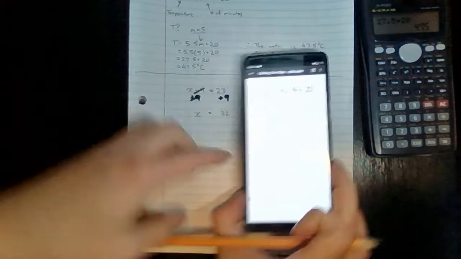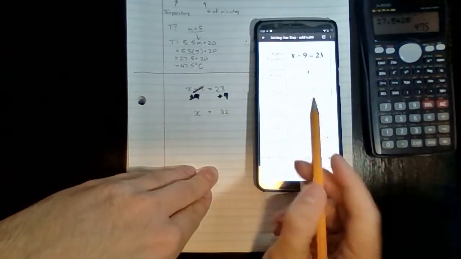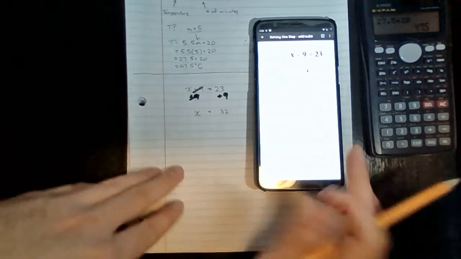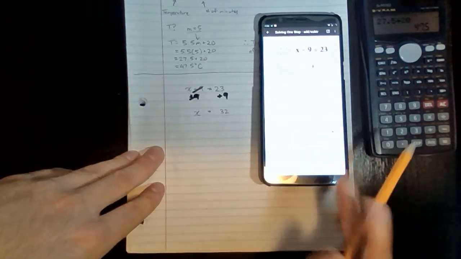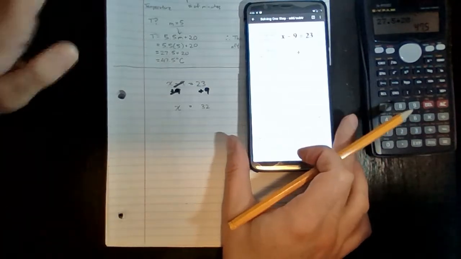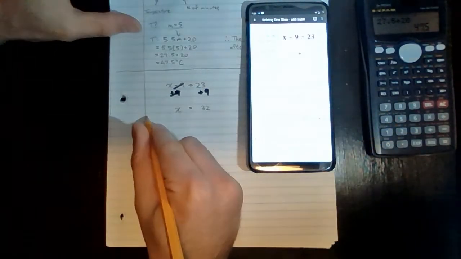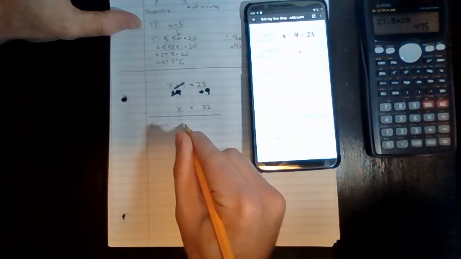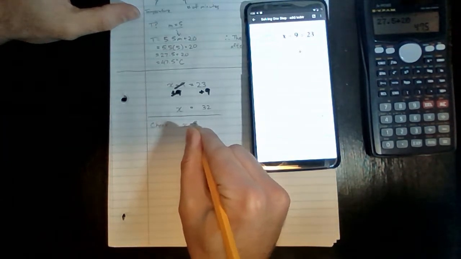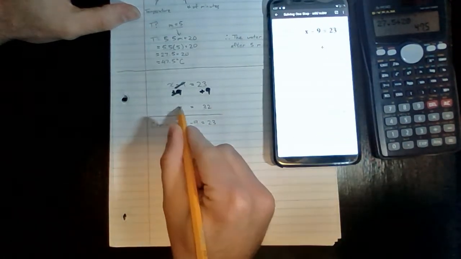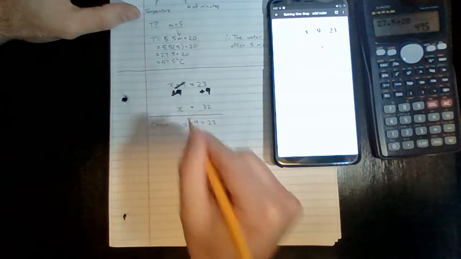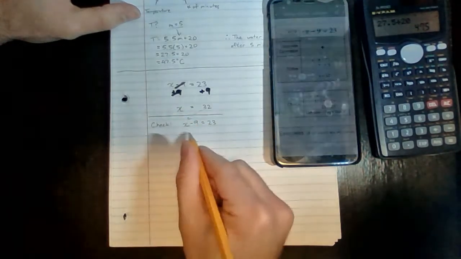That is what this part here is telling us. We're eventually getting to the point where we see, oh, x has to be 32. This is to double check to make sure that our answer makes sense. When we check, we look at our equation: x minus 9 equals 23. We found out x has to be 32, so we can put that 32 in for x and see what happens.